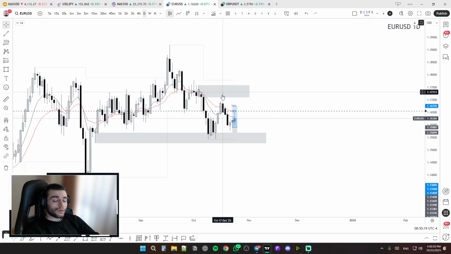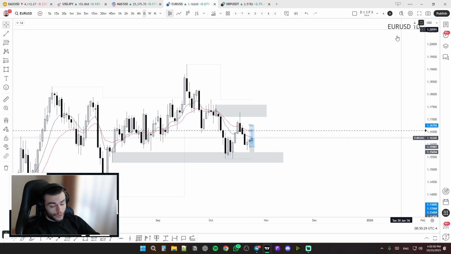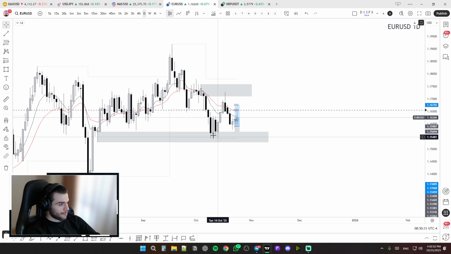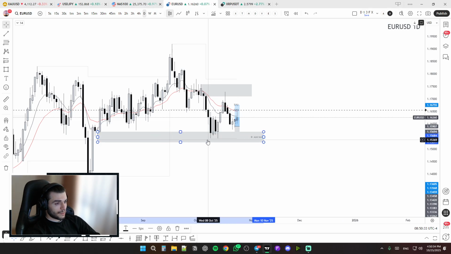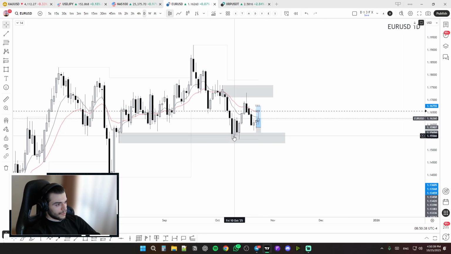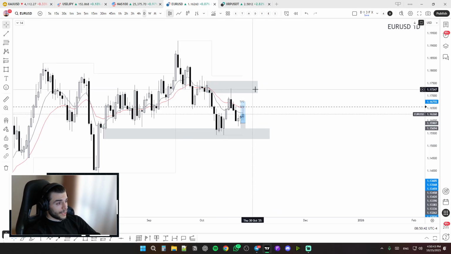So people no longer want to be involved in higher prices and buying at that level. So they are shorting, right? They're selling their euros for dollars. And at that price, when it comes to the demand, there is demand for euro at that price. For that reason, it goes higher. All right, we have our zone.